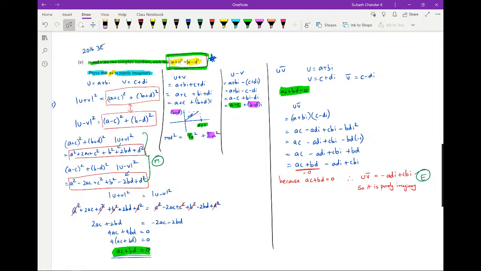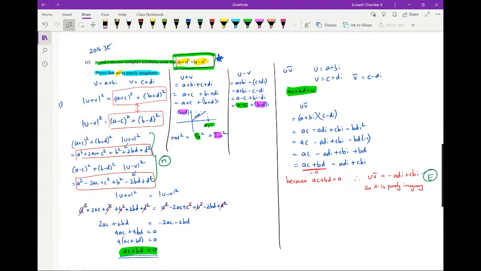Whoever asked me to do question 2015 3E on differentiation, I've actually done it in the last help desk, so have a look at it. Somebody asked me for it last time. Just have a look at the previous help desk, guys, because I did 2015 3E. I'm sure. Let me just double check.